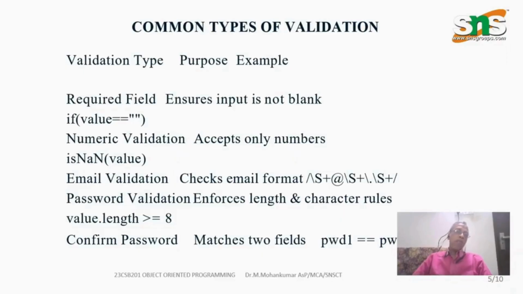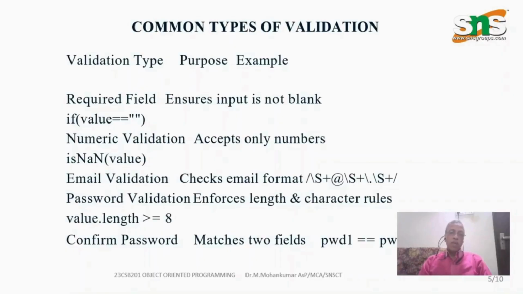Then common types of validation, with validation type, purpose and example. Required field ensures input is not blank: if value equals double quotes. Numerical validation accepts only numbers. Email validation checks the email format, with lowercase and uppercase letters, the dot and the at symbol.